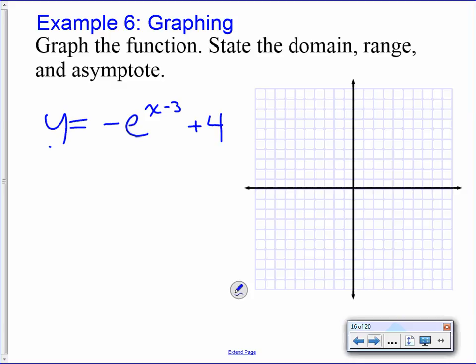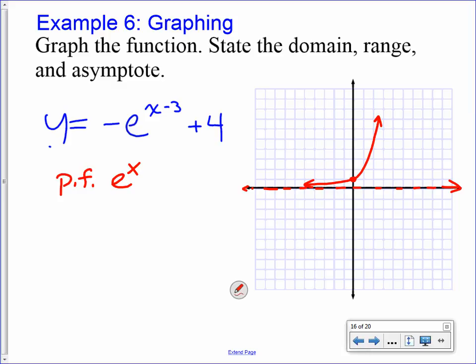Okay, so let's say we want to graph an exponential function with base e. We're essentially doing the same thing. Here the parent function is e to the x power. e is approximately 2.718. That's greater than 1, so again, it's going to be an exponential growth graph.